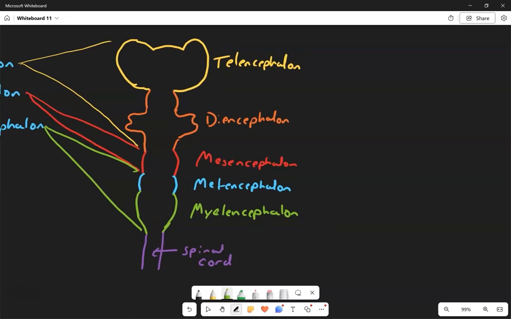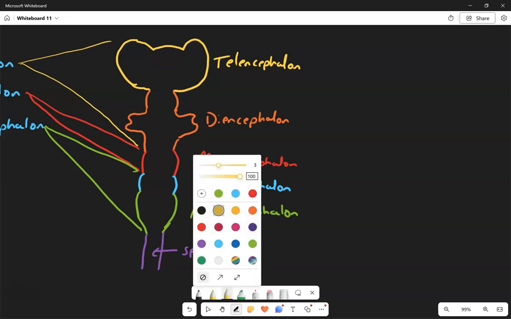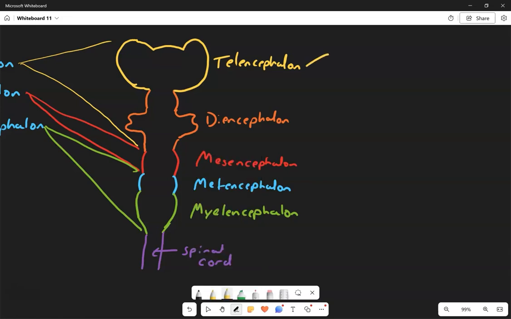So we'll do this all in gray, right? Let's do it by color. Your telencephalon is going to become your cerebrum. Okay, so those are going to be your cerebral hemispheres.